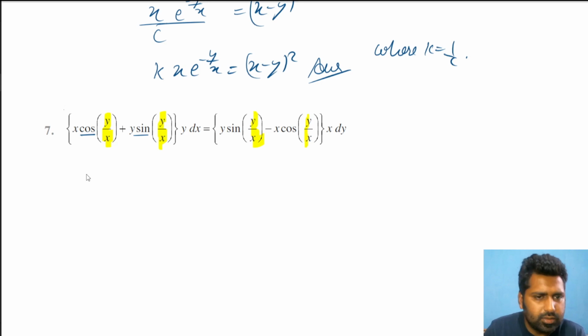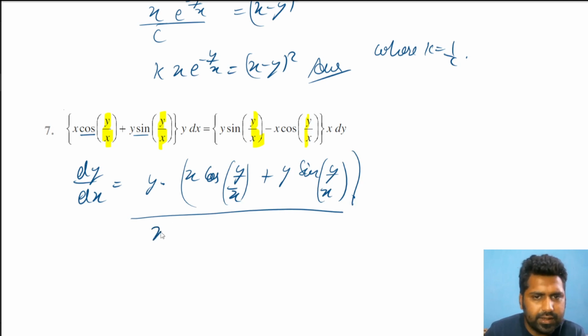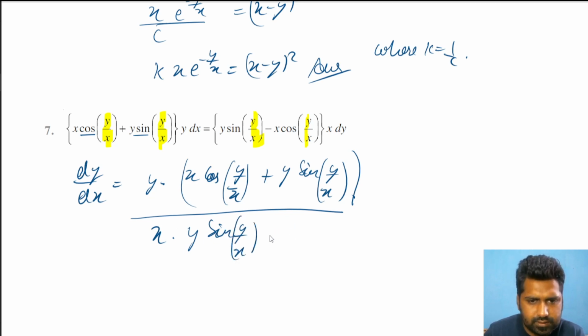Now since it is homogeneous, we have to do the substitution. First let's generate dy by dx is equal to, dy is here, this is on the other side, so y into x cos y by x plus y sin y by x, upon denominator x, and y sin y by x minus x cos y by x.